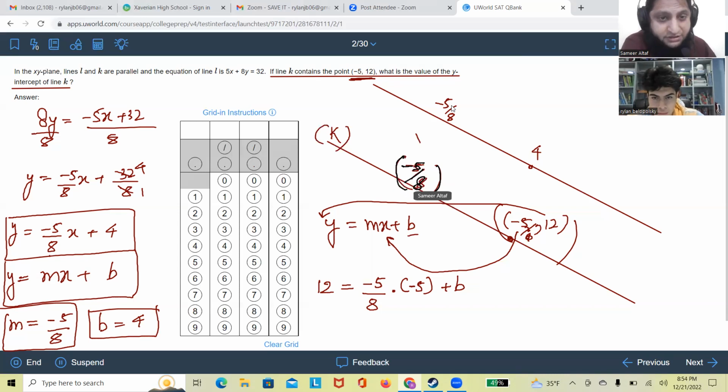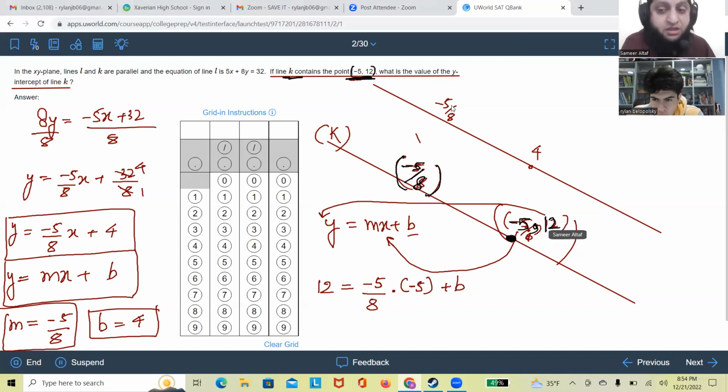Yeah. And one more thing which is given for the line K is it is containing a point negative 5 and 12. Doesn't that mean one of the points on the line K is negative 5, 12?